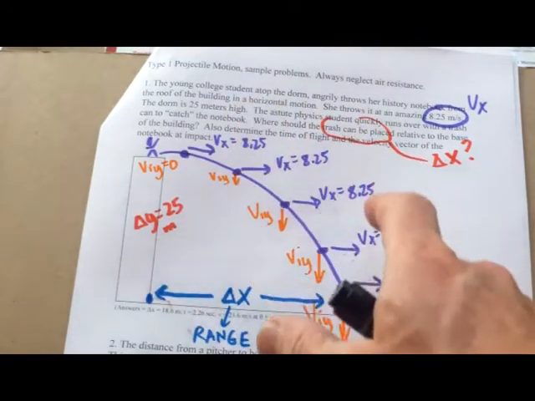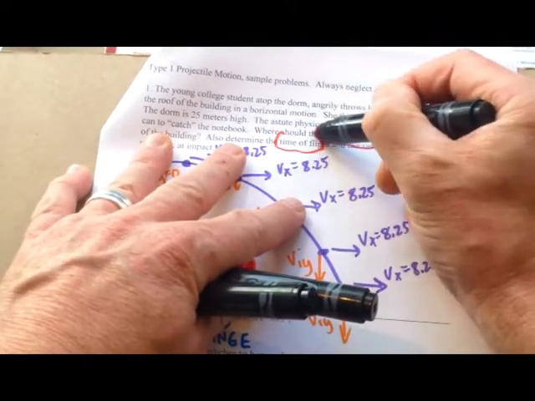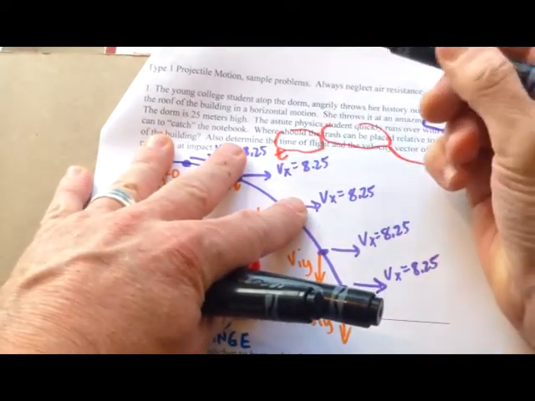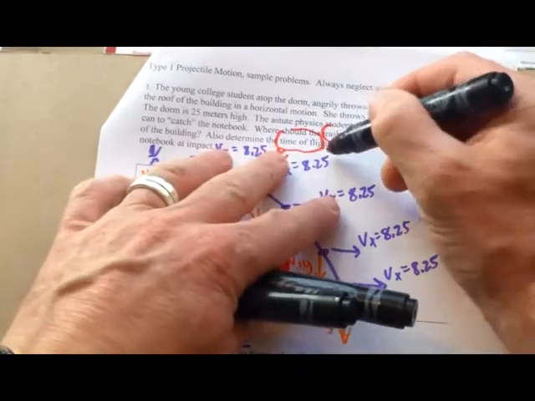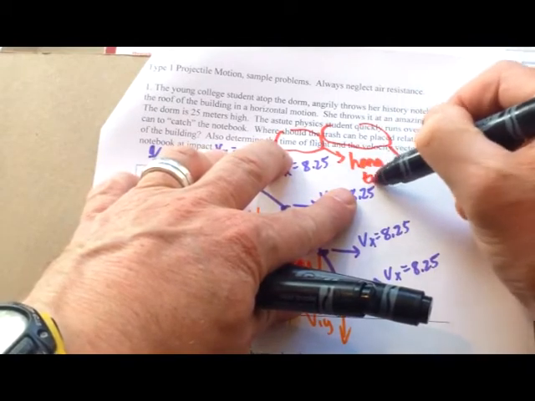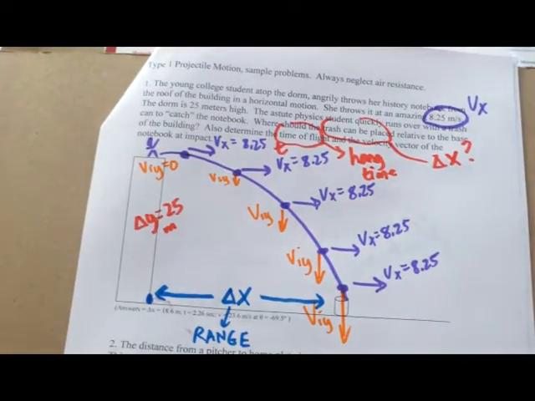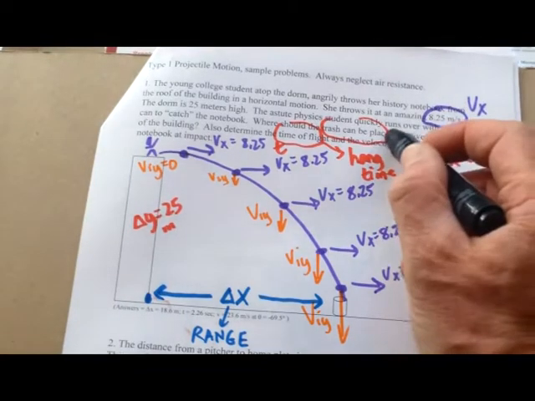Also, we need to get the time of flight, so we want to figure out how long the notebook's in the air. Now, with some sports, they'll call this the hang time. Like if you're punting the football, that's the hang time that the ball's in the air. And we like to get the velocity vector.